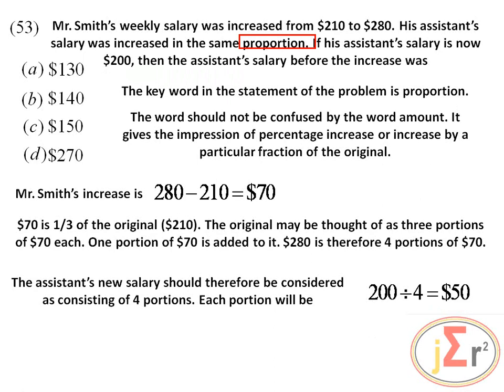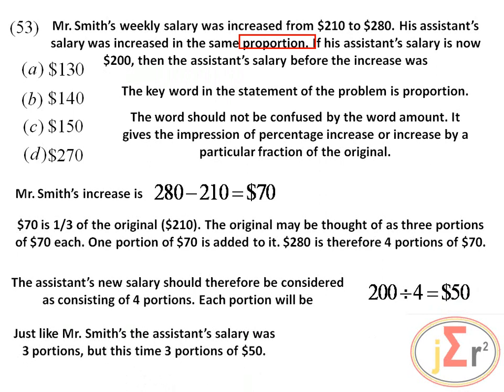But we know that just like Mr. Smith's, the assistant's salary was 3 portions before, but this time 3 portions of $50. Therefore, we have 50 multiplied by 3, and that is equal to $150.